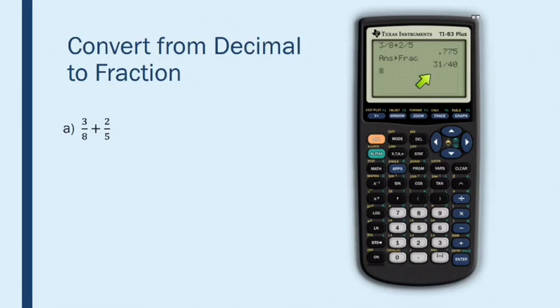You can also go back to decimal form if you want to, so just math. This time we want to convert to decimal, so down arrow and then press enter, and then press enter to get your decimal back. Okay, so to convert to a fraction, it's real easy. All it is to get to a fraction is just math, enter, enter, and there's your fraction.